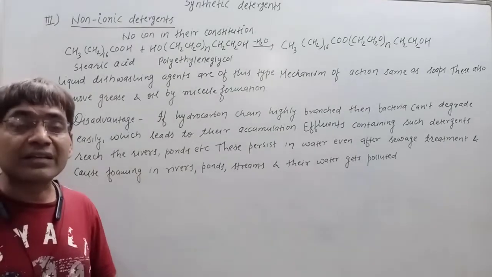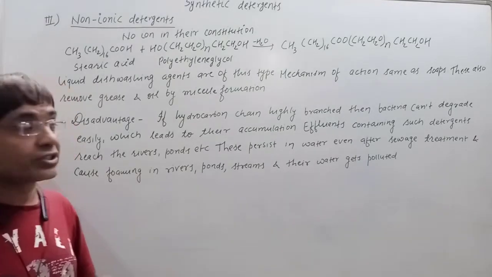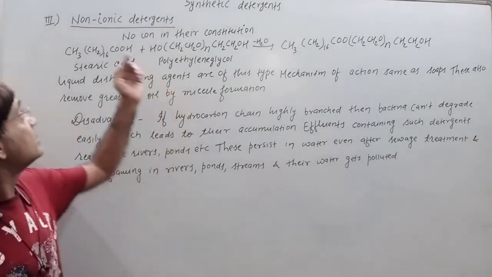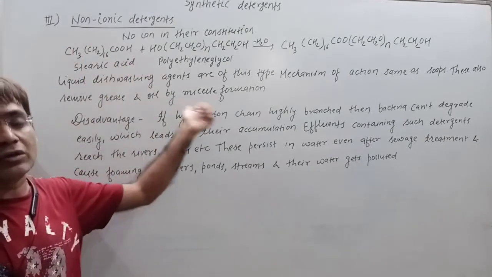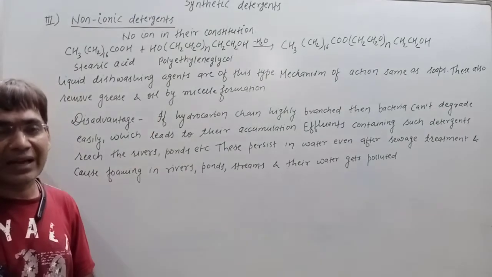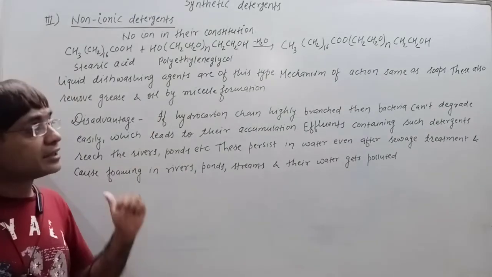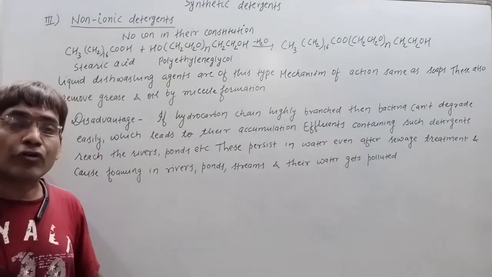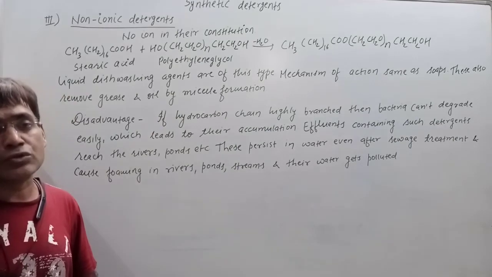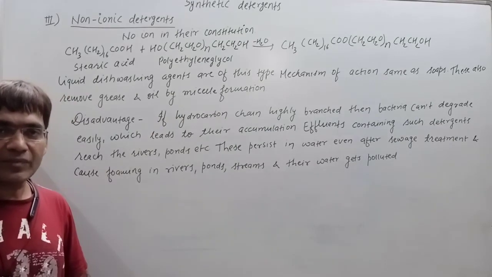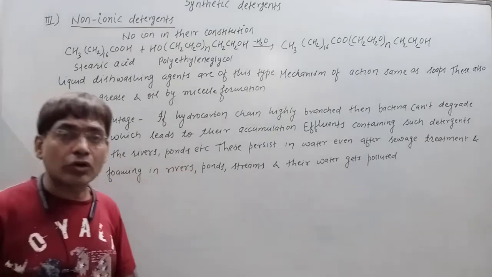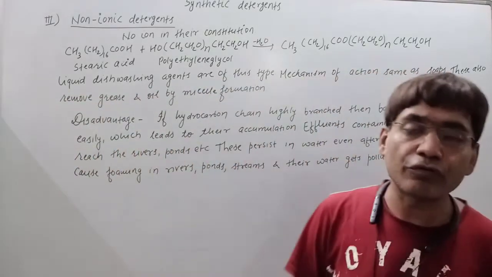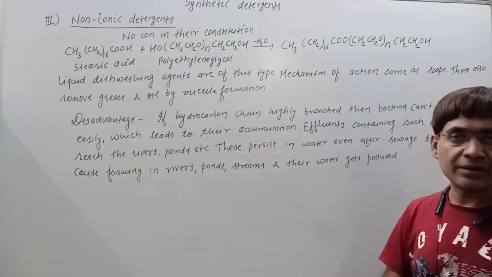Just as soap performs its cleansing action, these non-ionic detergents also perform their cleansing action in exactly the similar way. They remove oil and grease by forming micelles, as soap does. Is it clear?